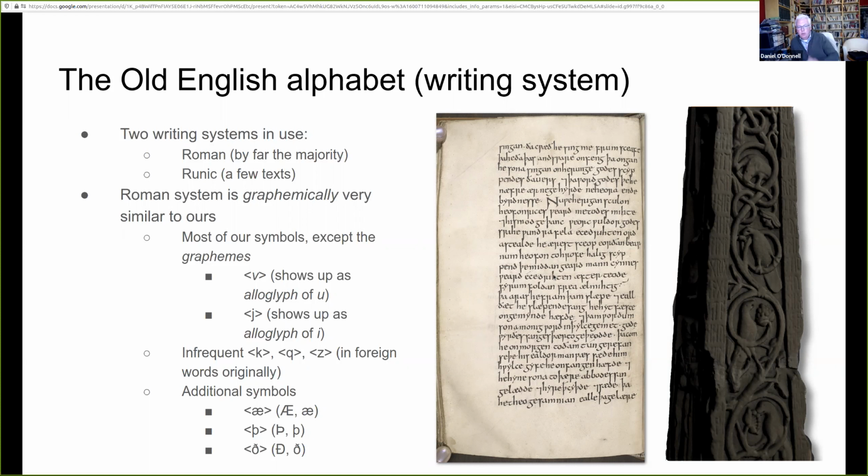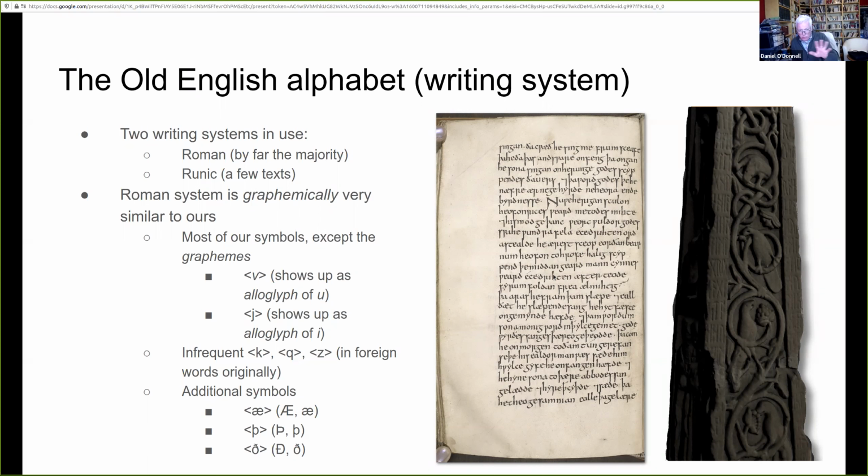So in the Old English period, there were really two writing systems in use. There was one based on the Roman alphabet, which is by far the most common. And then there was another one that was used occasionally, a runic one, but it is really not used except in very sort of occasional circumstances.